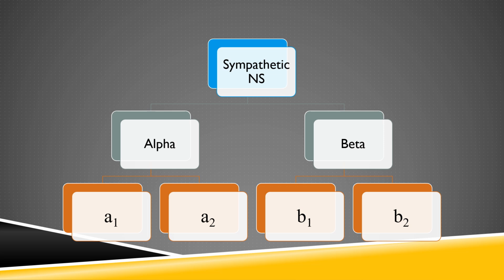So again, if we're looking at the sympathetic nervous system, oops, excuse me, let me get my drawing device out here. If we're looking at the sympathetic nervous system, and we say we've got 2 different types of receptors, one is an alpha, the other one is beta, and we know every time we see the word alpha, alpha means constrict, okay? And every time you see the word beta, we think dilate.